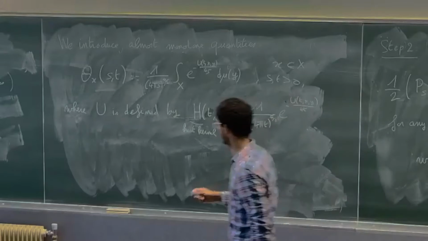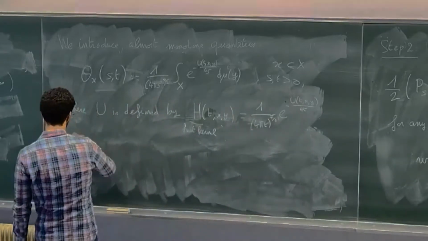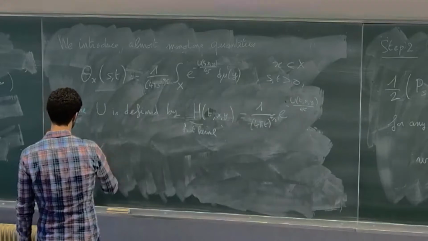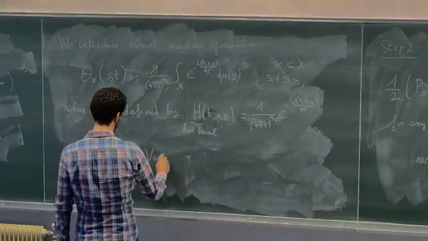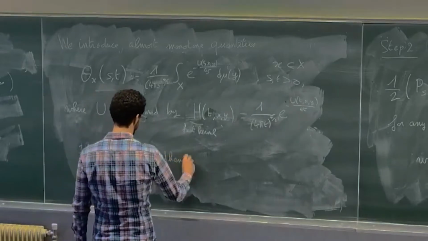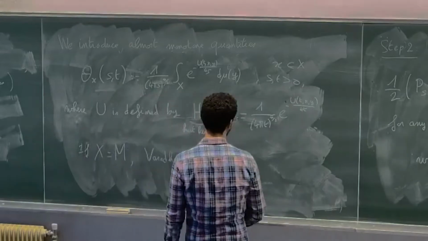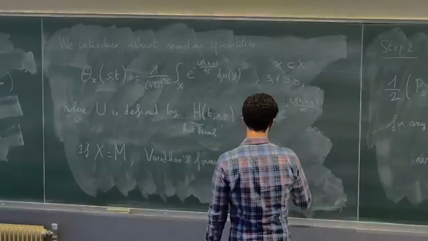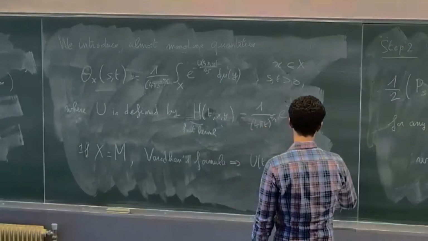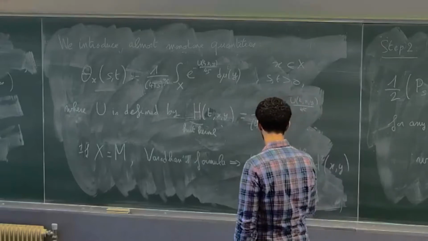So let me write this fact, it's important to keep it in mind. Varadhan's formula: if X is a manifold, then u_t(x,y) converges to d squared(x,y) as t goes to 0, locally uniformly.